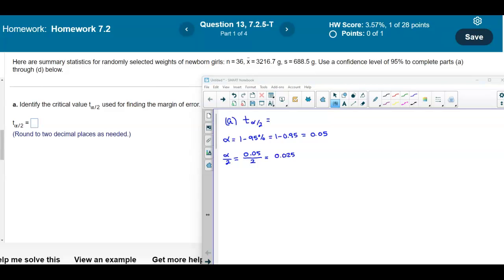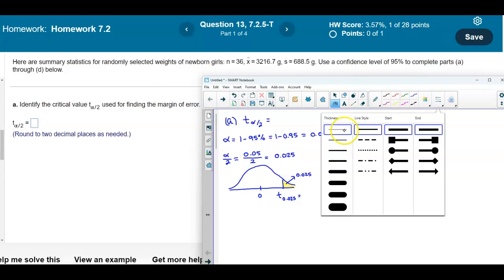Now that represents the area in the right tail of the t distribution. So let's draw the bell curve just so we can see a picture of what that looks like. Over here, we're looking for the critical value that has an area of 0.025 to the right. If we shade that, this is what we're looking for in order to find the critical t value.